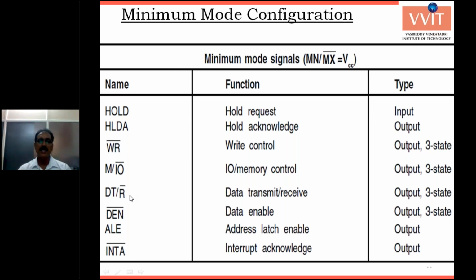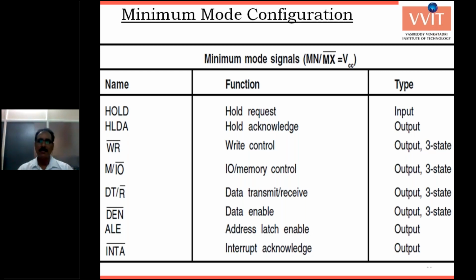The next is DT/R bar. This pin is an output indicating data transmitting or receiving. Transmitting is the writing function. Receiving is the reading function. Data is available on the data bus. In the 8086, AD0 to AD15 is bidirectional.